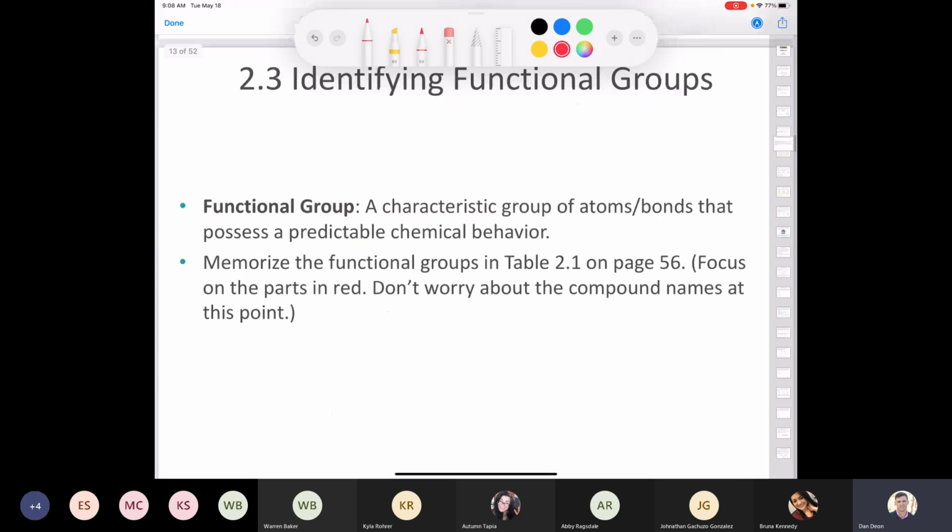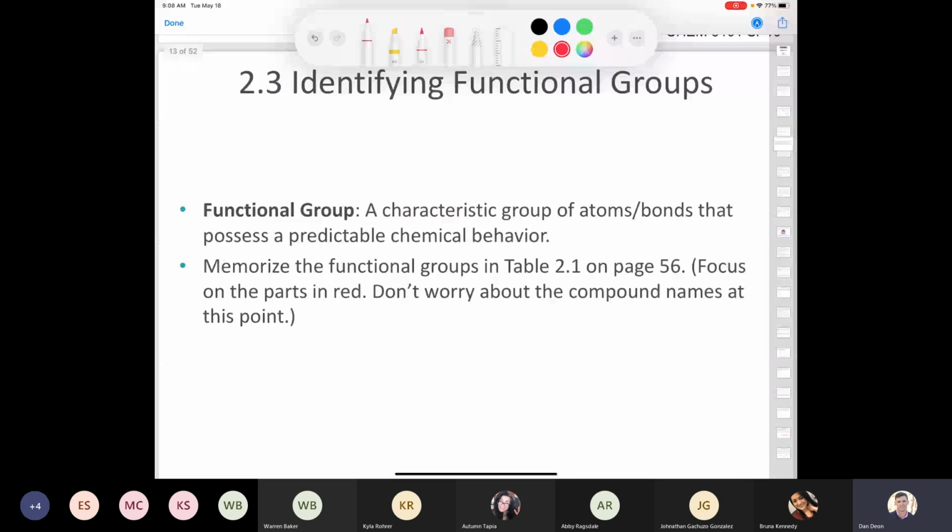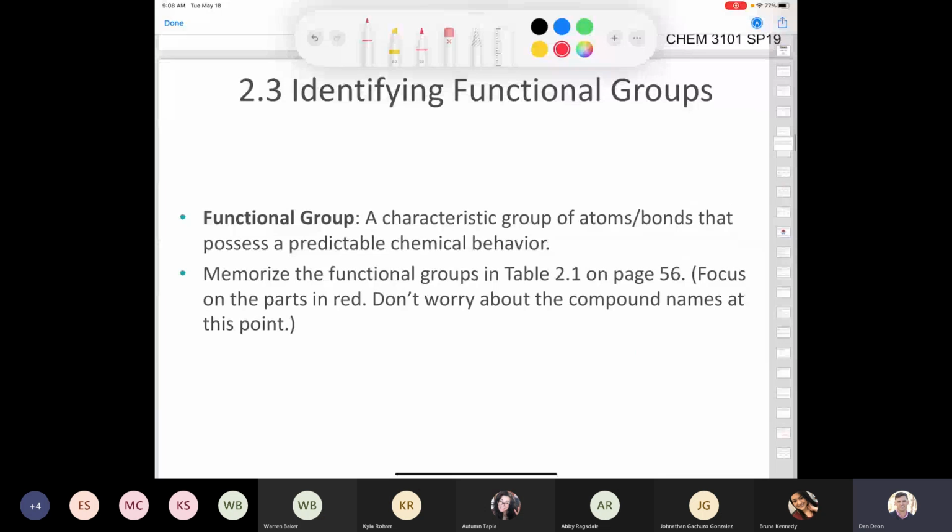All right, there we go. So functional groups. Let's move on to what's called functional groups. It's crucial that you're able to identify functional groups. A functional group is a characteristic group of atoms or bonds that possess a predictable chemical behavior.